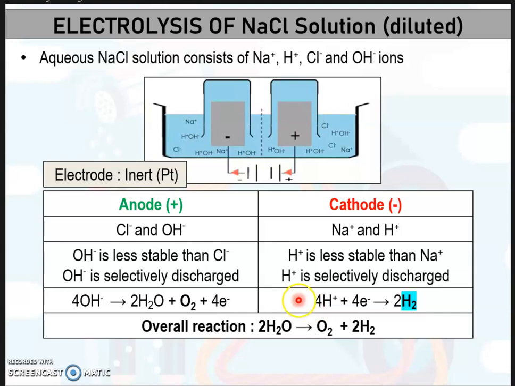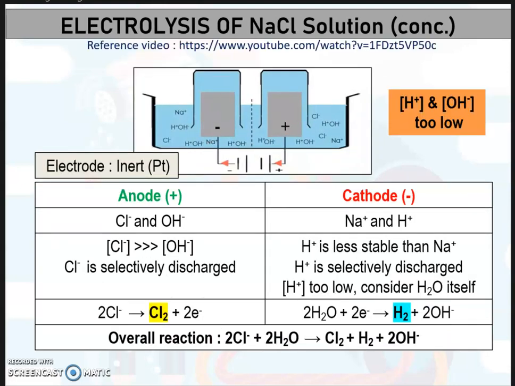Hydrogen ion plus electron will be reduced to hydrogen gas. And for the overall reaction, you just cancel out the electrons, then we'll have this. Okay, so that is for dilute aqueous sodium chloride.